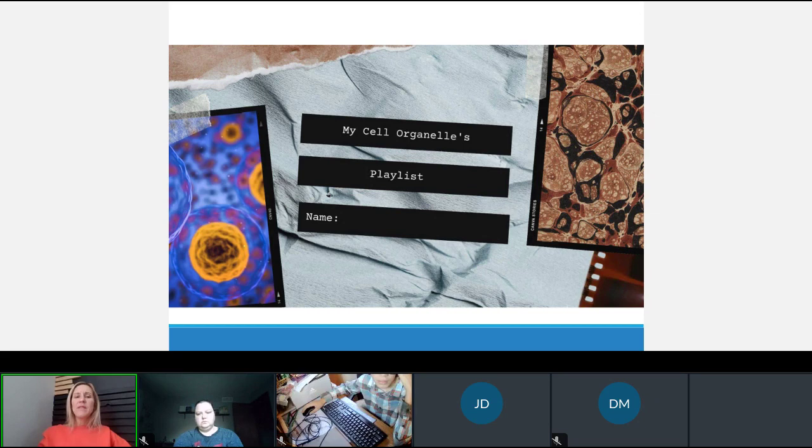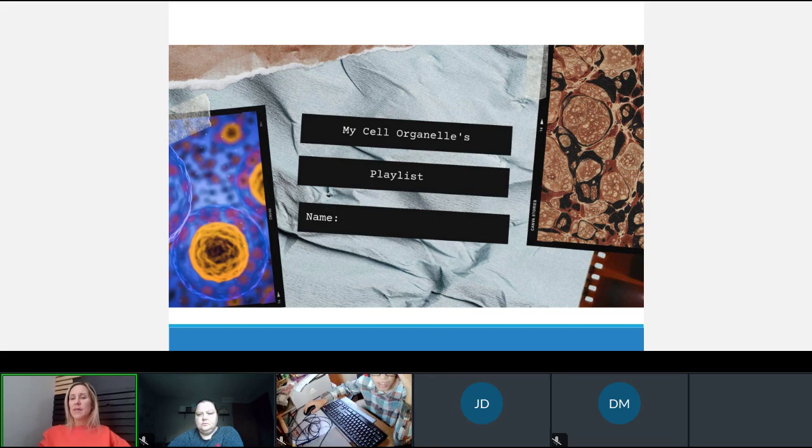There is a Word document in your class if you go into the cell organelle assignment. There is a Dropbox in there, and you do not have to use a Microsoft Word format, but you can.